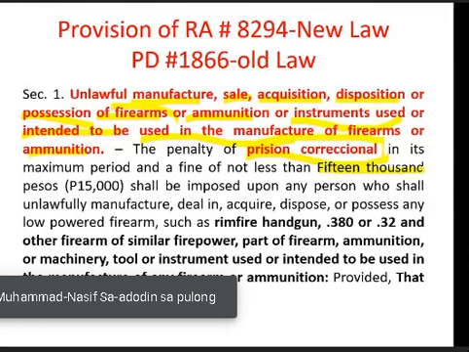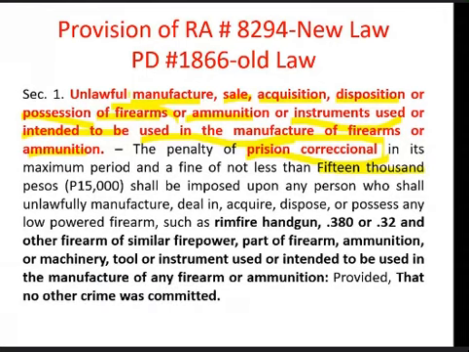15,000, di ba? Una, pag manufacture, sale, acquisition, disposition, possession of firearms, ammunition, instrument use, paghimo, intended to be used, maski katong wala pagamita, pero ang purpose is for the manufacturing of the firearm and ammunition.